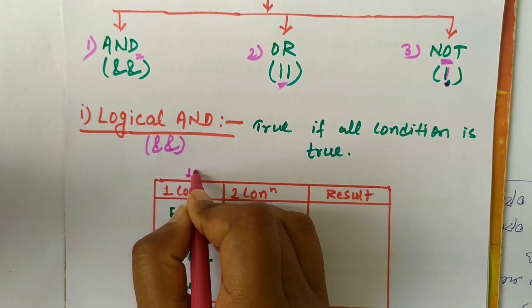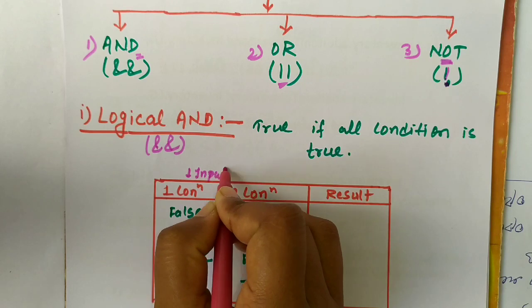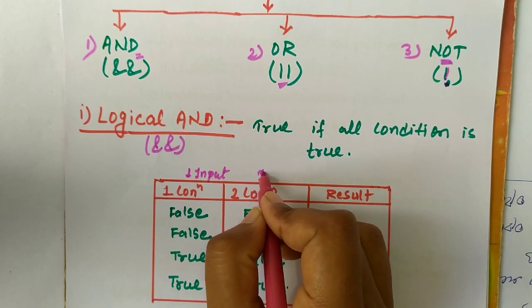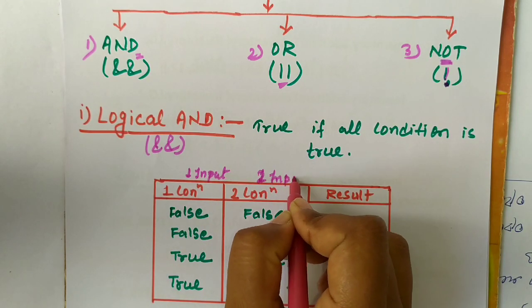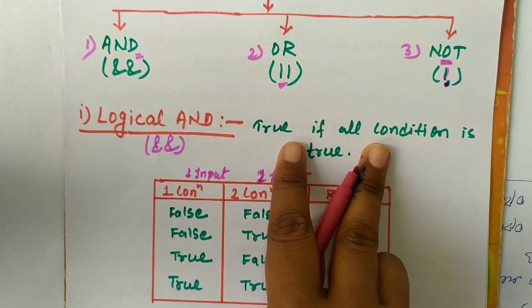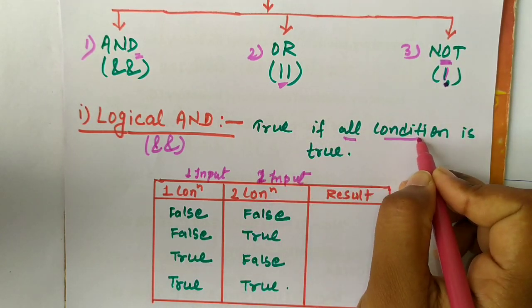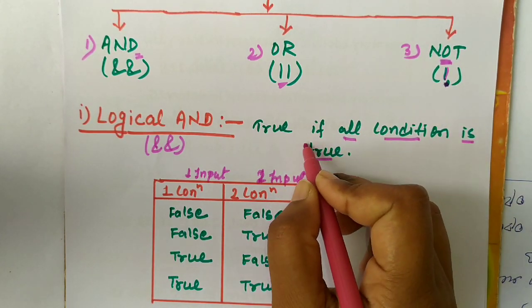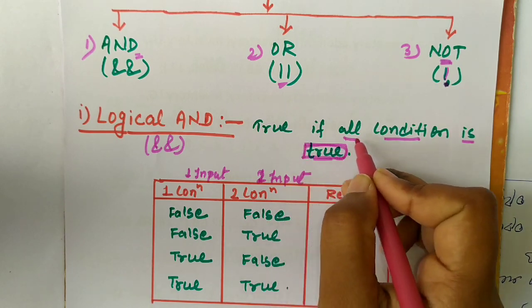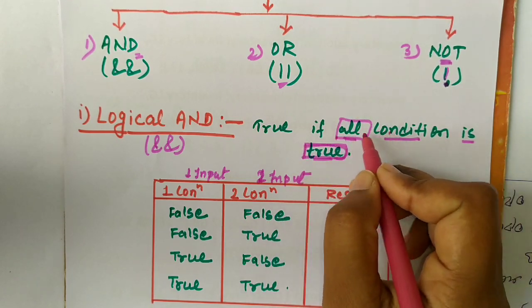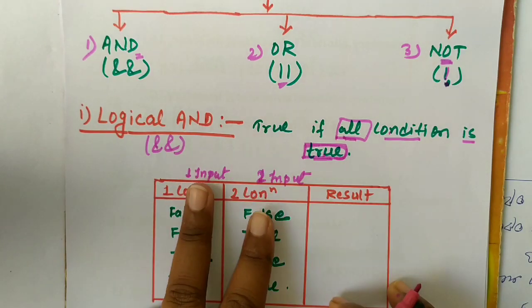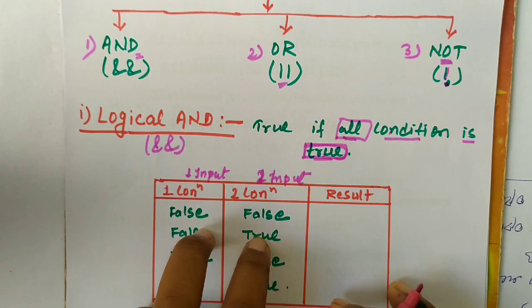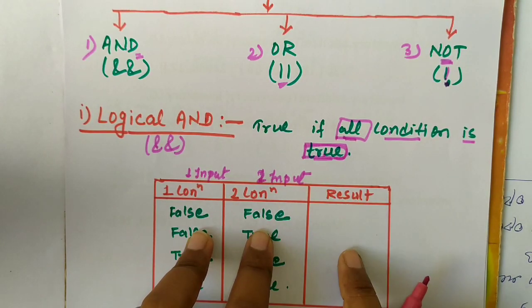This is the first input and this is the second input or condition. If all conditions are true, that means both conditions are true, then the result is true.